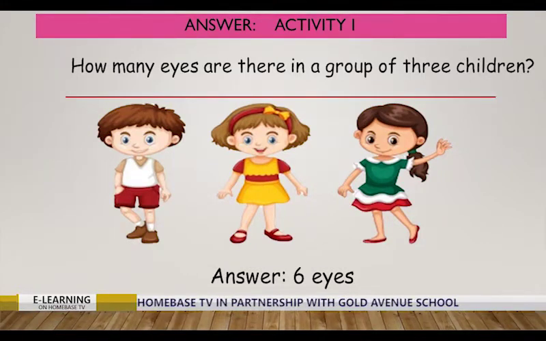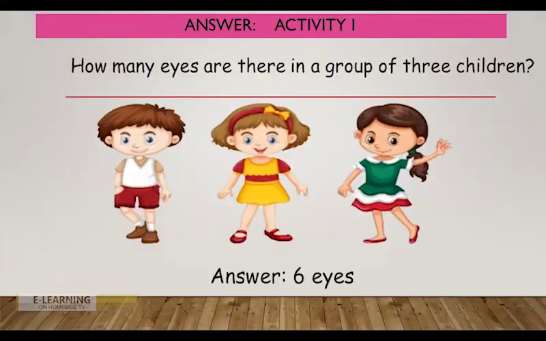The second in the yellow had 2. And the third also had 2. Now, how can we count them faster? By grouping them in 2s. So we have 2, 4, 6. This made us count faster.